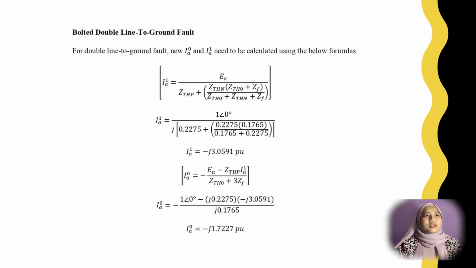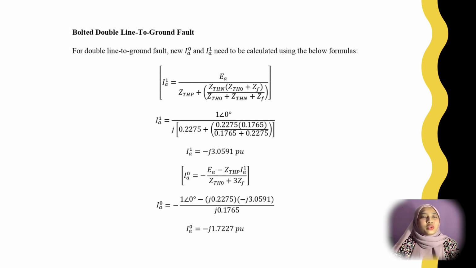Okay, next, let's see the calculation for the bolted double line to ground fault. To find the fault current in the bolted double line to ground condition, the formula that we will use is IF equals 3IA0. But to find the value of IA0, we need to determine the value of IA1 first, using the formula presented in this slide. After doing the calculation, we get IA1 equal to negative j3.0591 per unit.